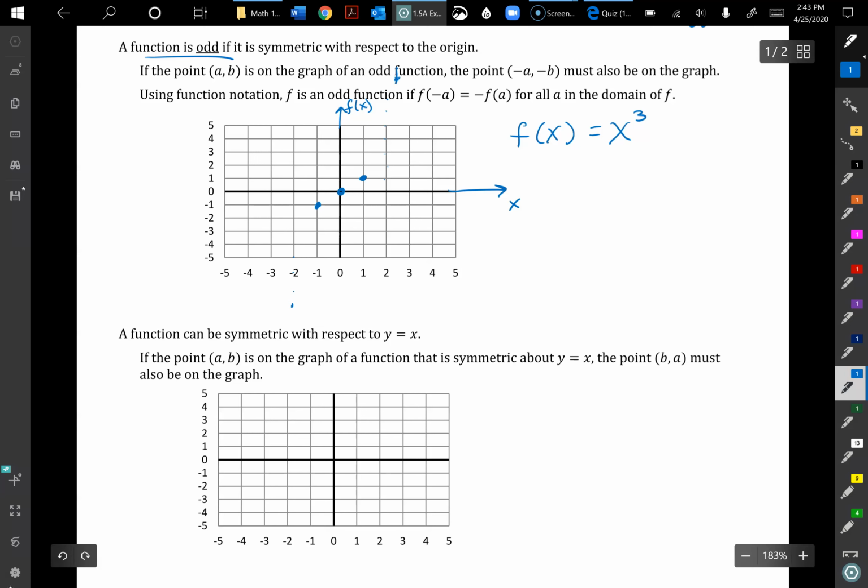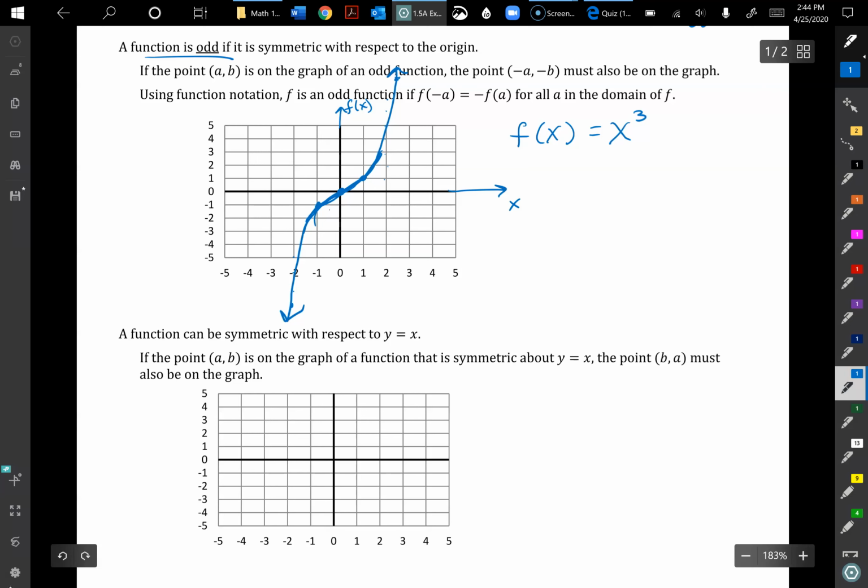So I'm going to sketch this cube again. And after a while, you just get the basic shape. Hopefully you've seen that video on the parent functions or library functions, function toolkit. So it's just this little bend that you typically get right there.